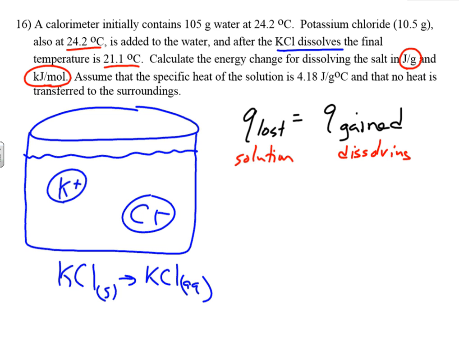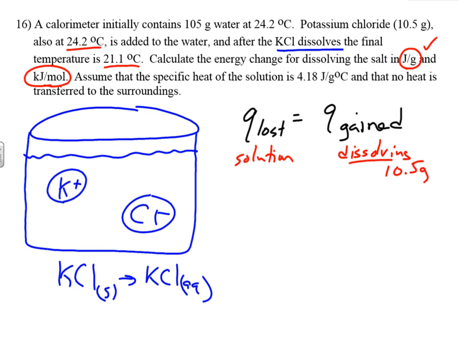So let's focus on this first one of getting the joules per gram. Well, we know the grams of potassium chloride that we dissolved. That's the 10.5 grams. So we need to figure out how much energy it took to dissolve that 10.5 grams. Well, we have this Q lost equals Q gained, and the dissolving is that 10.5 grams that dissolved.